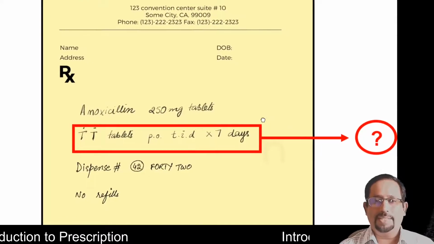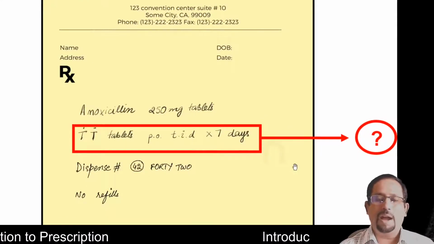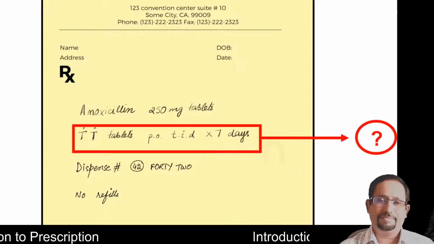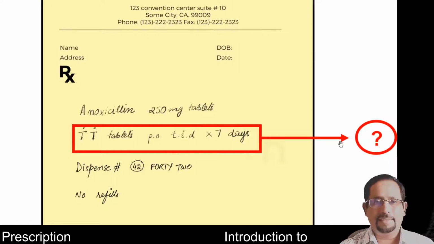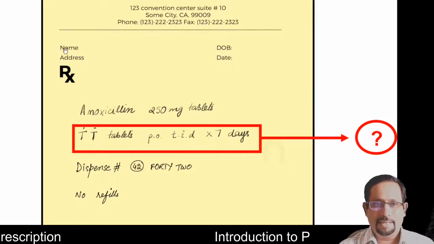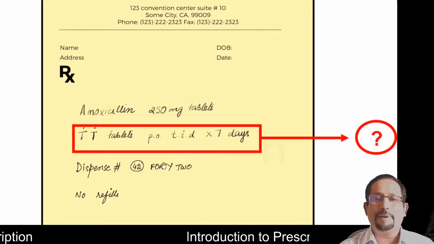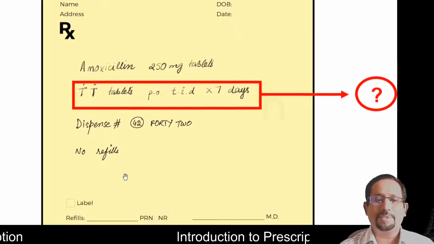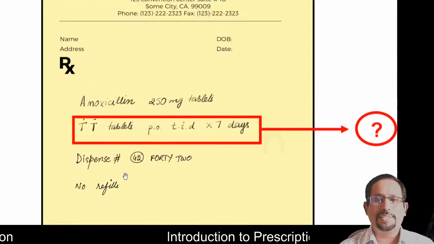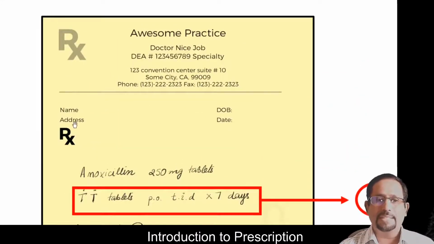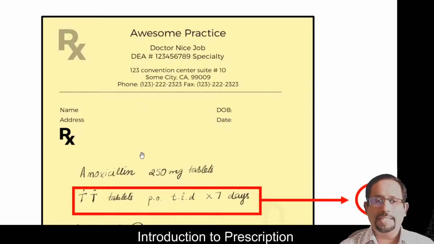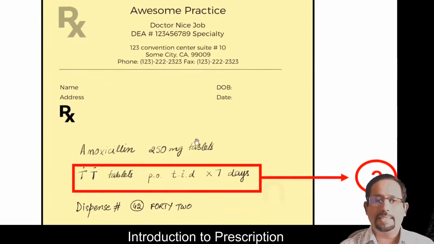Now you can tell what this part is. Take your time and tell this. Apart from this, my next question is, what is the missing information in this prescription? So dear students, take your time, pause the video and give your answer. What is the missing part in this prescription?